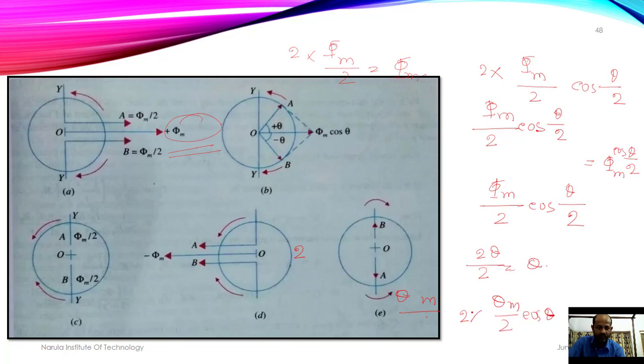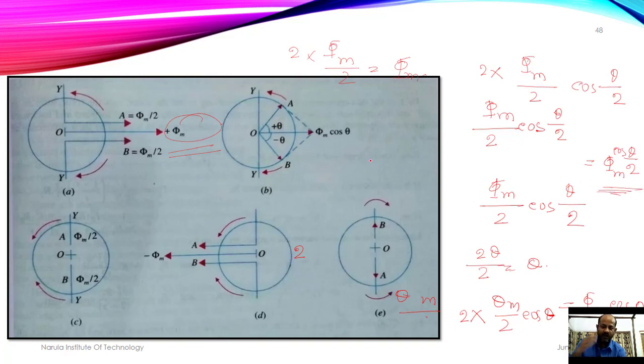So for A and for B also both are the same, phi m by 2 cos theta. So it is becoming phi m cos theta. So, are you getting my point? So if we take the different angle, it will become phi m cos theta by 2.